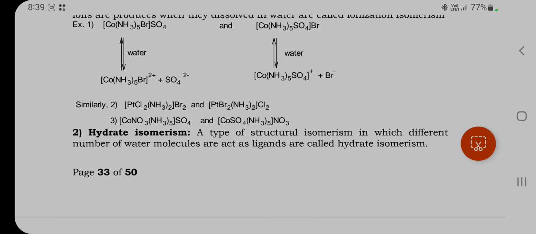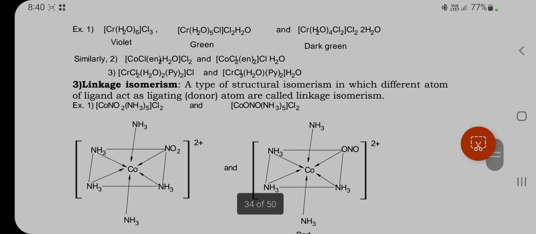The next type of isomerism is hydrate isomerism. In hydrate isomerism, two or more compounds have the same molecular formula, but they differ in the number of water molecules that act as ligands.